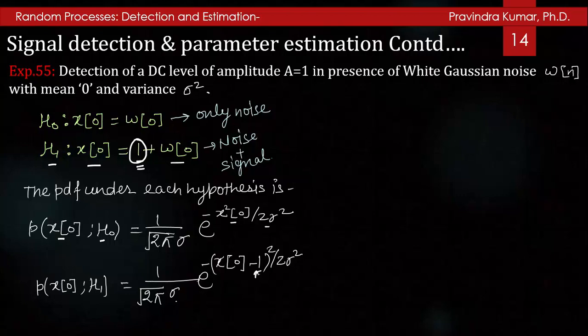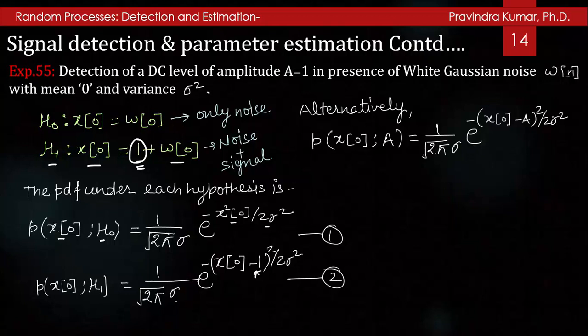Alternatively, these two equations can be represented as the probability of the observed sample x0 when A is given. It will be 1 upon under root 2 pi sigma e to the power minus (x0 minus A) whole square upon 2 sigma square.